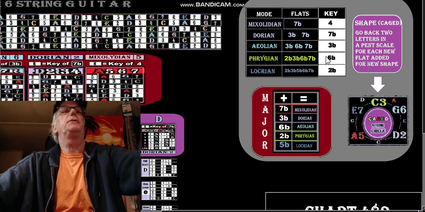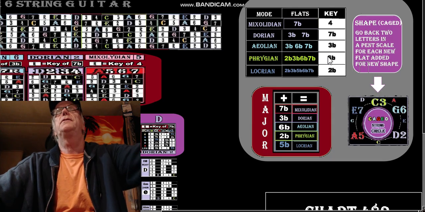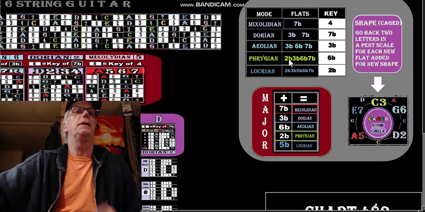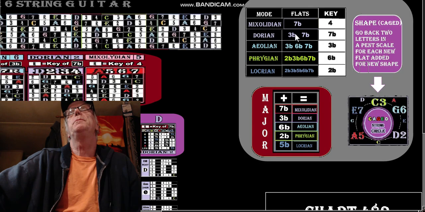Add the 6th flat, puts us in the key of A flat. So what we're adding actually becomes the key at one point. All right, so no, we're adding the 2 flat there. It doesn't become the key.